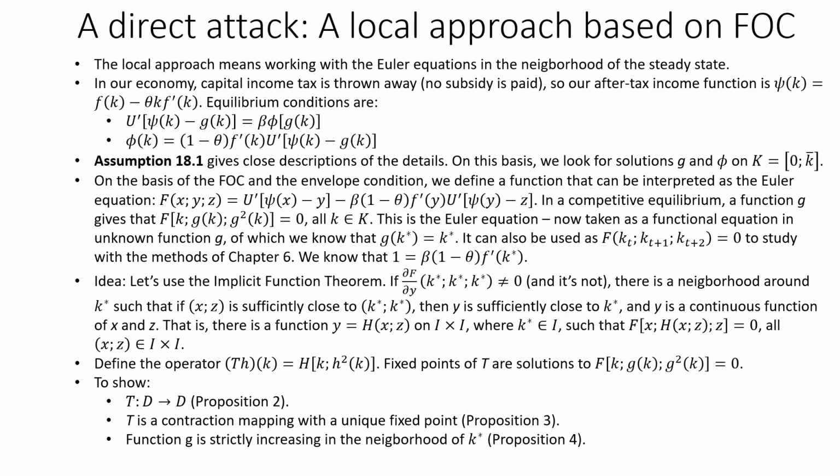If the derivative of the functional equation with respect to the second variable is not zero, and it is easy to establish that it's not zero, there is a neighborhood around the steady state capital stock where, if x and z, the pair, approach the steady state capital stock, then y, the second variable, gets sufficiently close to the steady state capital stock, and there is a continuous function describing how y changes as a response to changes in x and z.